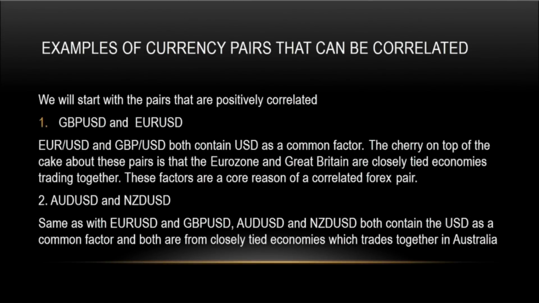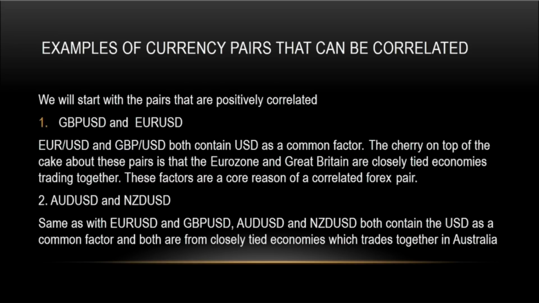These are examples of currency pairs that can be correlated. We will start with the pairs that are positively correlated. For example, GBP/USD and EUR/USD. Both of those pairs can be seen as positively correlated. And then someone asks, why are you saying so?